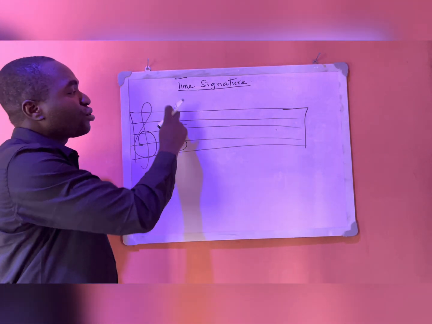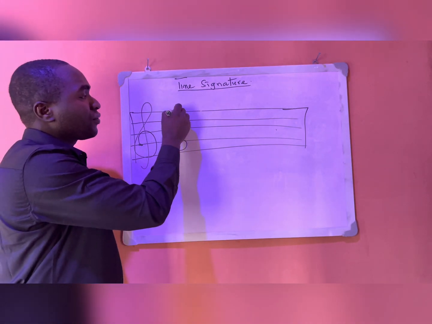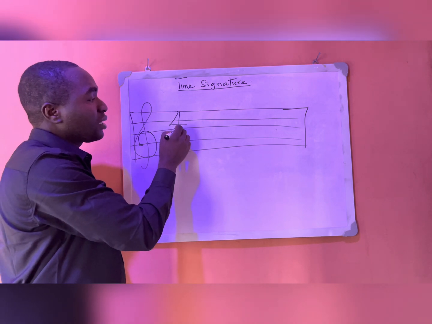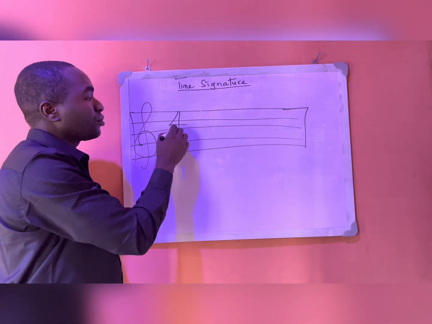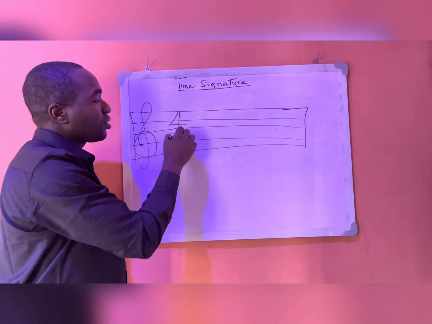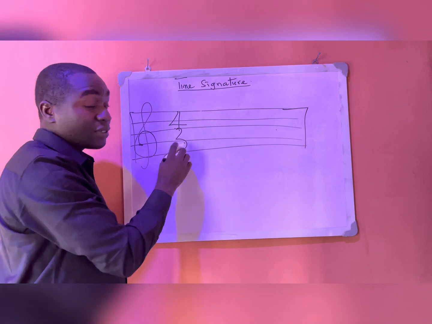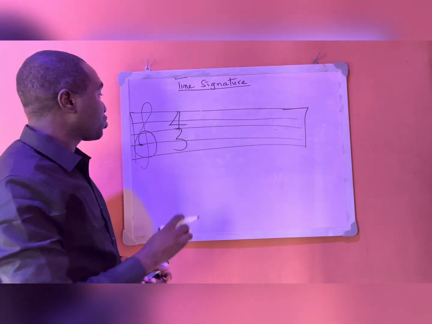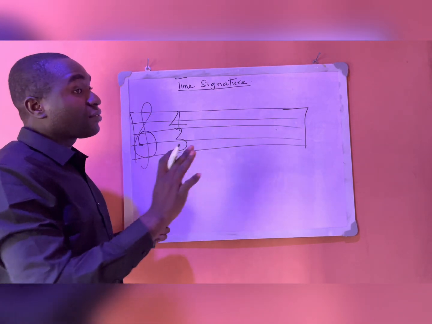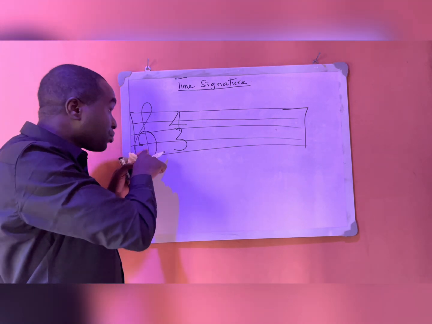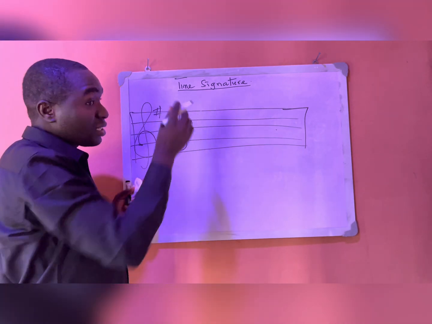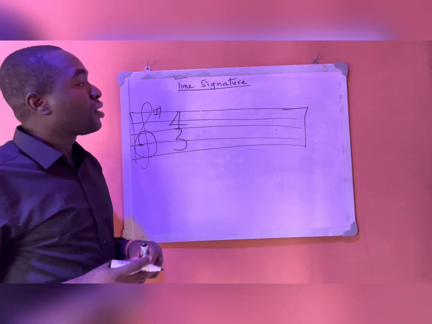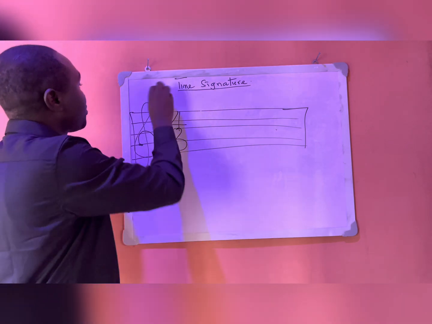So the figure above will start from the 5th line up to the middle line, and the second figure, which is below, will start the drawing from the 3rd line down to the 1st line. So that's how it works. But note that on the staff, the order is the first is the clef, followed by the key signature, for example, and then the time signature. But we are considering time signature.